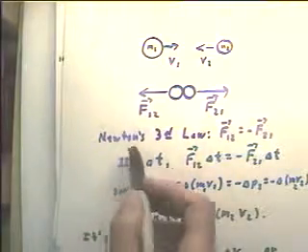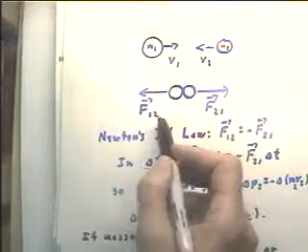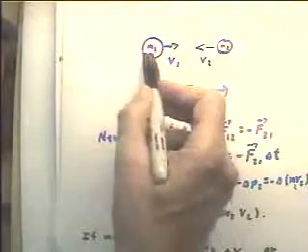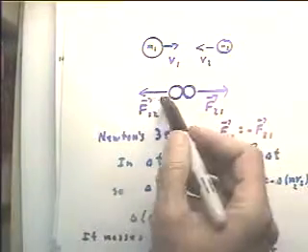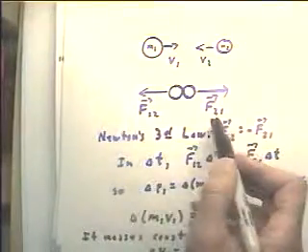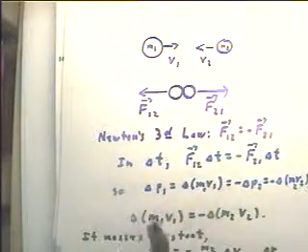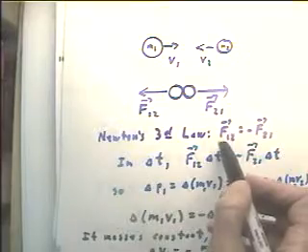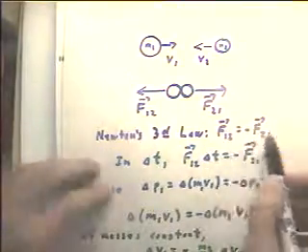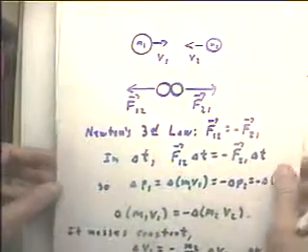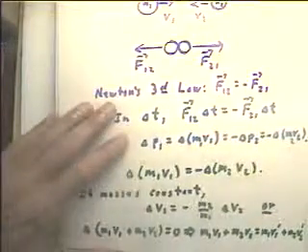In this case, by Newton's third law, as we said, F12, which is the force exerted on mass 1 by mass 2, or on object 1 by object 2, is in one direction, and F21, the force exerted on object 2 by object 1, is in the opposite direction. So we can say that the vector force F21 is equal to the negative of the vector force F12, or vice versa.